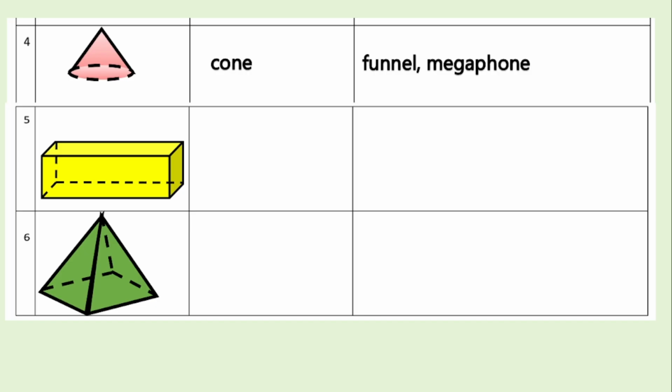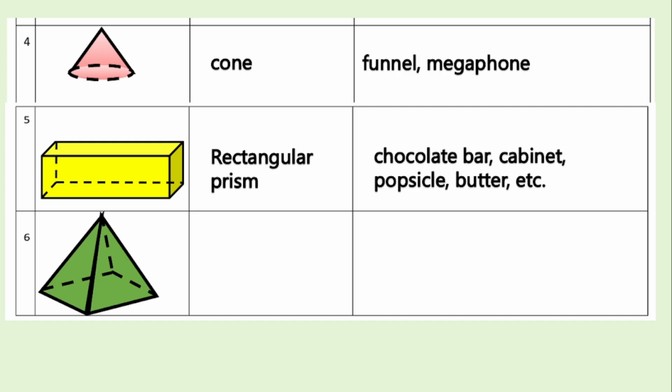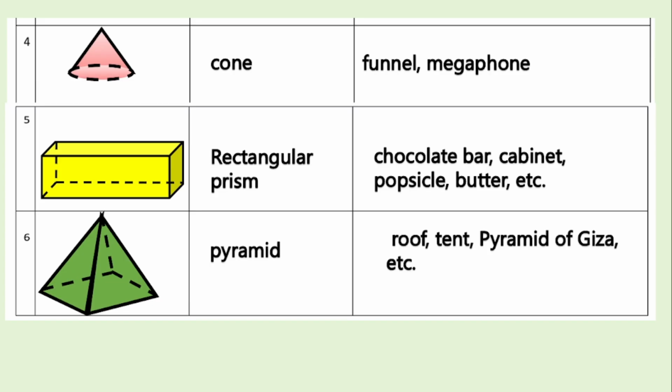Funnel, megaphone. Number 5. Rectangular prism. Chocolate bar, cabinet, popsicle, butter, etc. Number 6. Pyramid. Roof, tent, pyramid of Giza, etc.